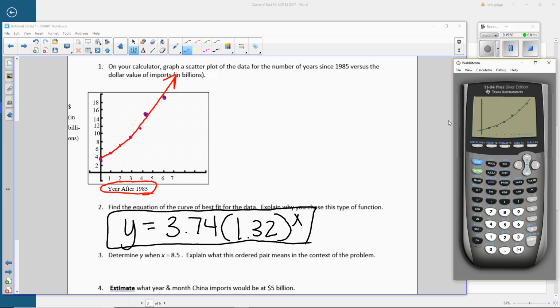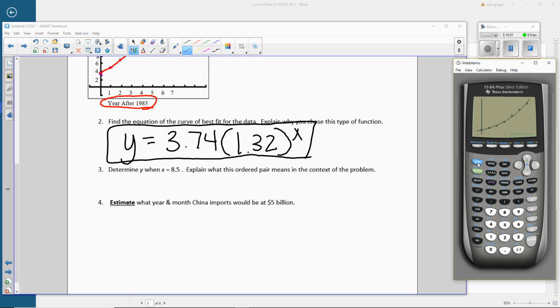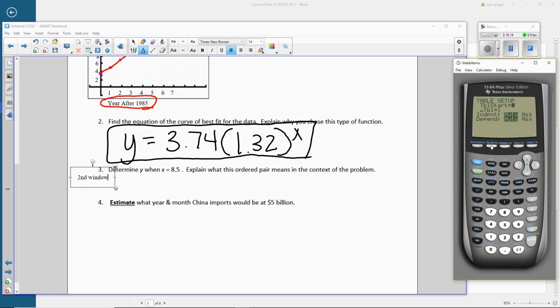But now we can answer these questions pretty quickly. Determine y when x equals 8.5. One thing you can do, since 8.5 doesn't show up, we can press the second window button. So when we go to second window, this is actually a really useful place to go, and we can go to change in table.